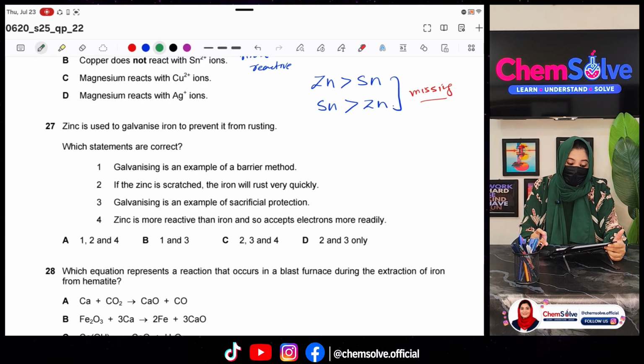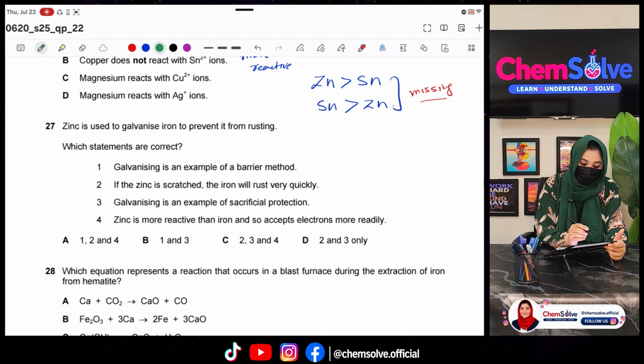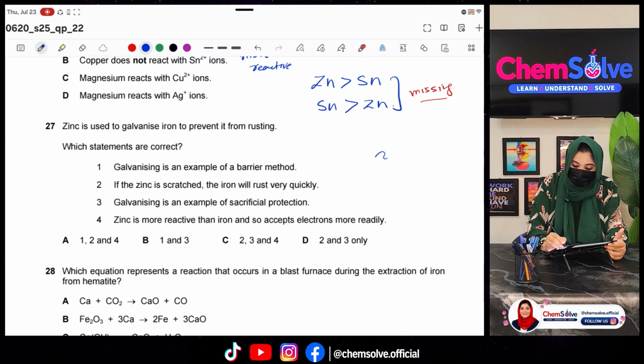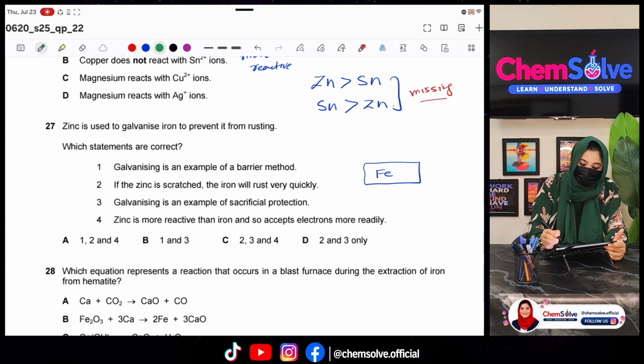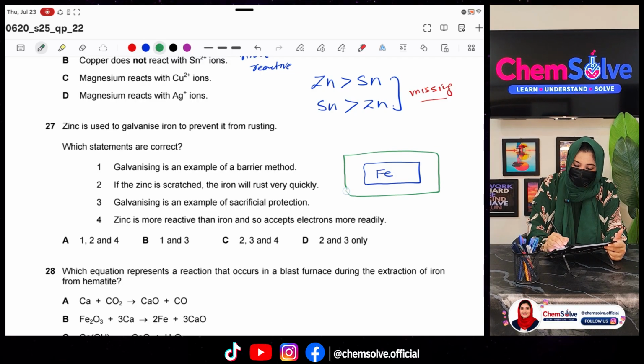Zinc is used to galvanize iron to prevent it from rusting. Okay, so what happened? Actually, we have iron, and what do we do? We just put a layer of zinc all around it.